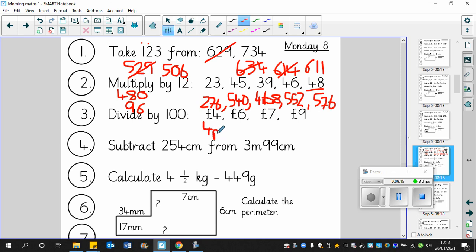I think yesterday we did centimetres and metres. £6 divided by 100 is 6 pence. £7 divided by 100 is 7 pence. Can you see the trend now? And of course £9 divided by 100 is 9 pence. So what would £17 divided by 100 be? Yes, 17 pence.